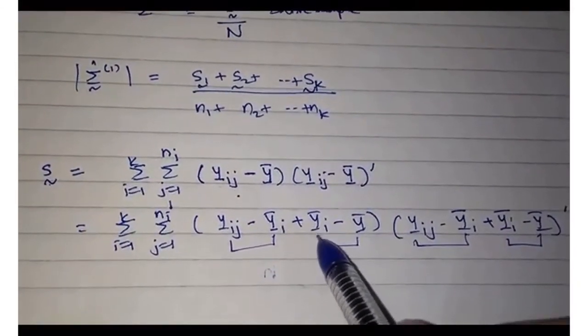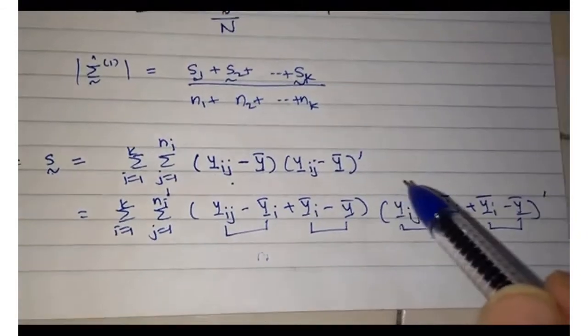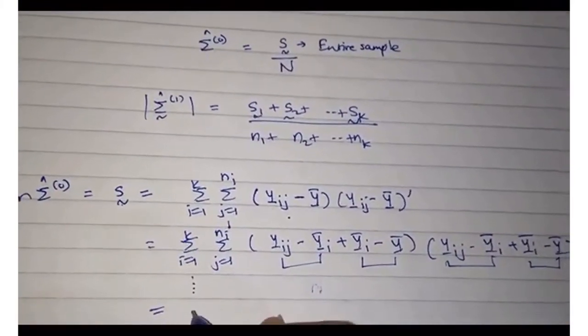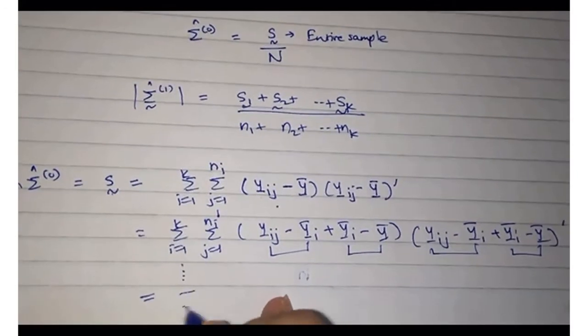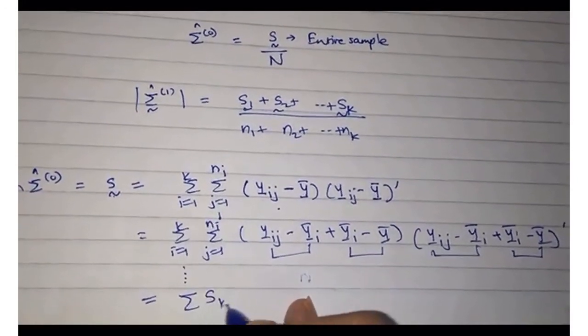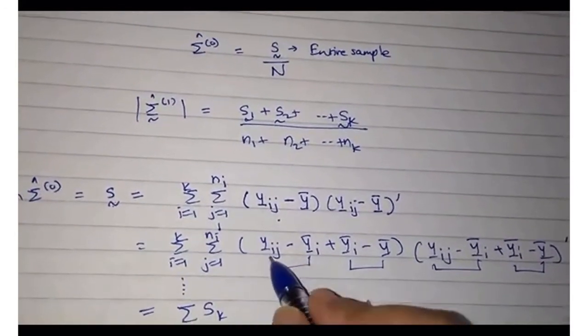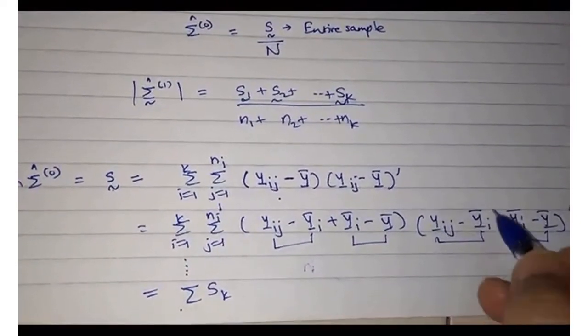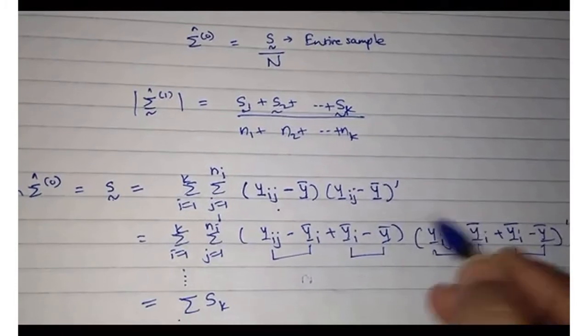Then the cross terms with Yi bar minus Y bar would become 0, because it is the sum of deviations from the mean. If you simplify this, it is just trivial arithmetic, and you are left with the summation of (Yij minus Yi bar)(Yij minus Yi bar) prime. So that would be Si.